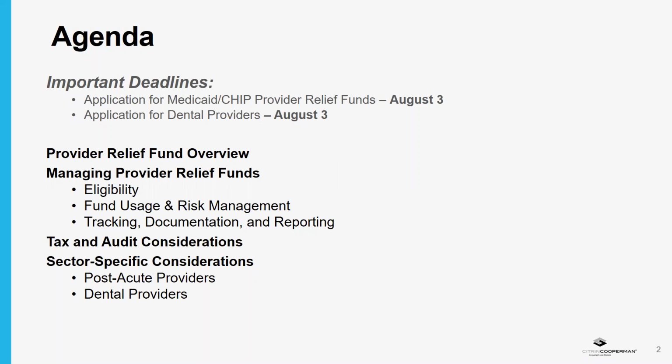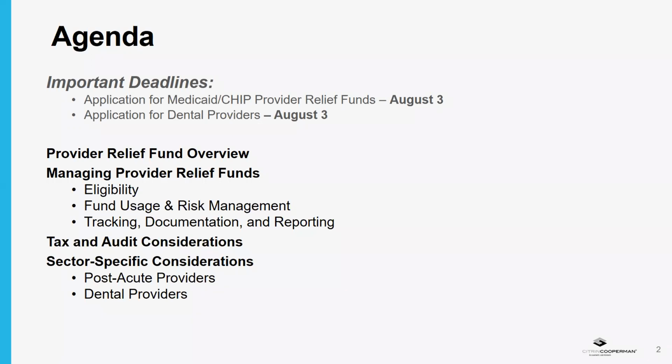So in terms of our agenda today, we're going to give a brief overview of the provider relief funds. We'll then spend some time talking about managing provider relief funds, the eligibility for the funds versus the fund usage, and how to think about the usage of the provider relief funds through a risk management spectrum. And then some of our suggestions for tracking, documentation, and reporting of the provider relief funds.